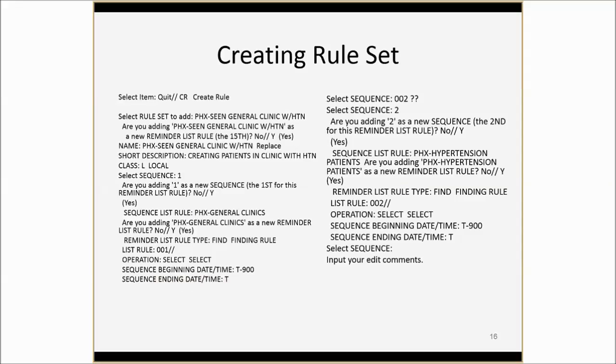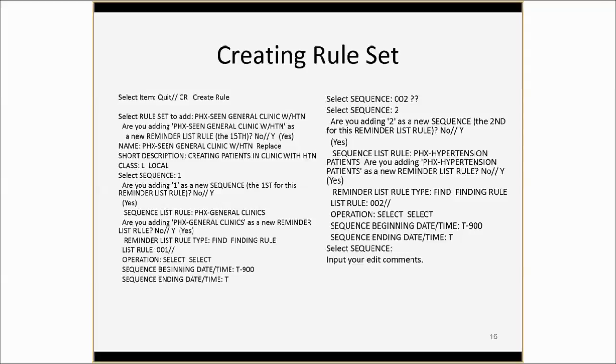So now I'm going to create the rule. I want the first sequence to be the one that's going to produce the least amount of patients. If I run my first rule to be hypertensive, that means all the hypertensive people in my system, which is a larger patient list. So let's start with the clinic and with a time frame.